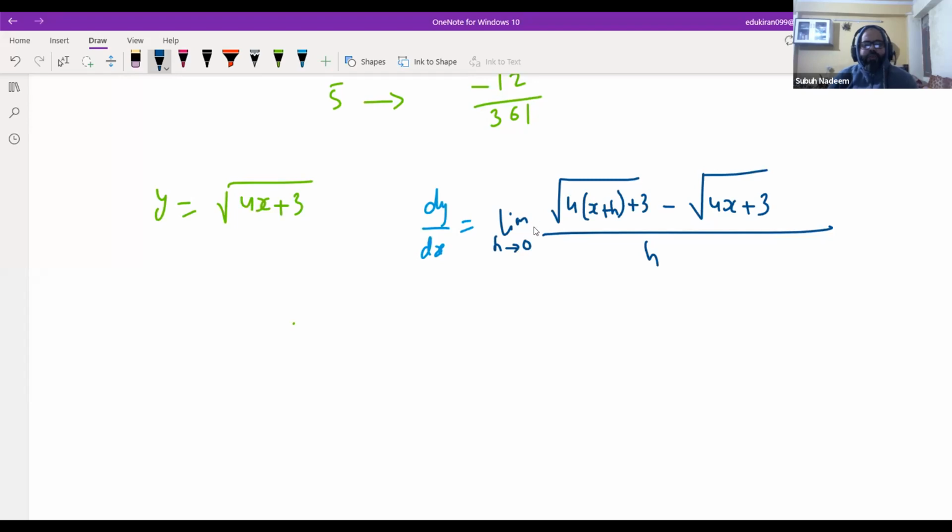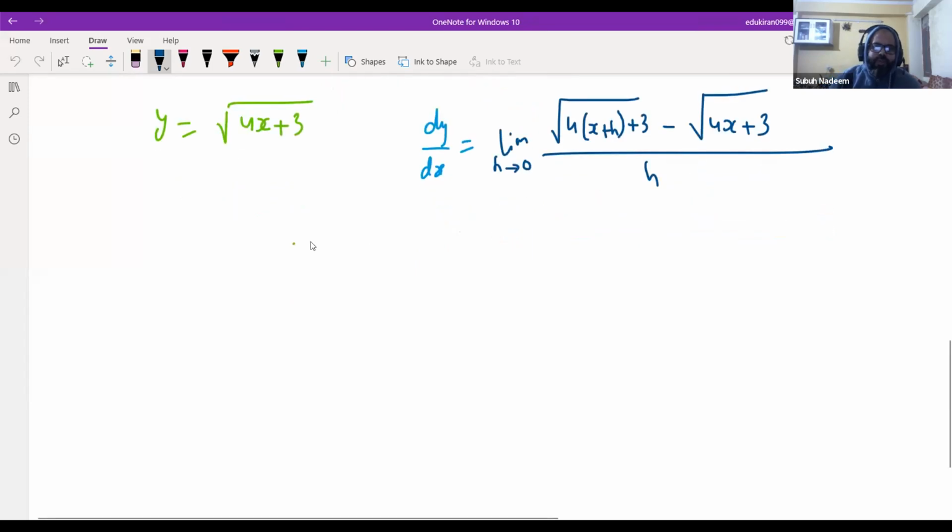Now, if you put h as 0, the numerator will become 0 and the denominator will become 0. So what else can you do? Here you can't do factorization, because it is a square root. It is not a square that you make a square minus b square as a minus b into a plus b.